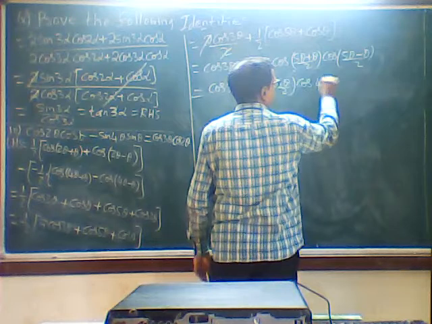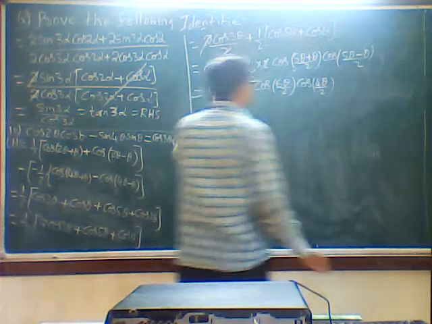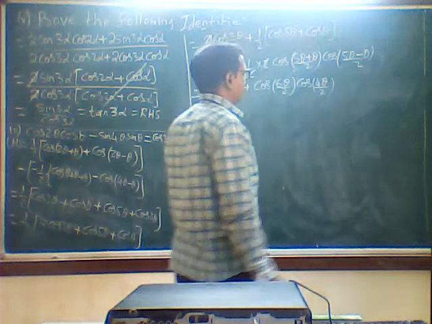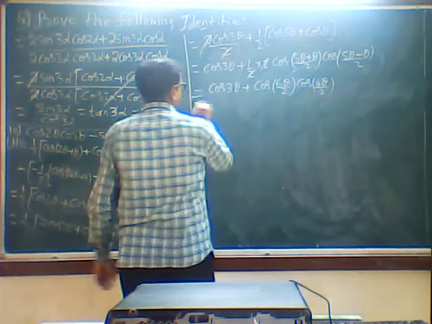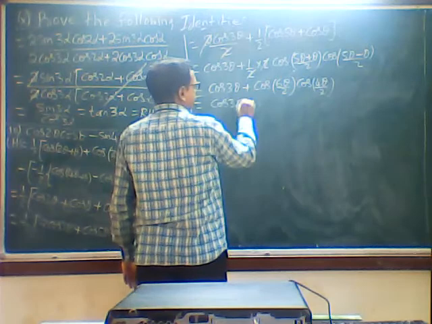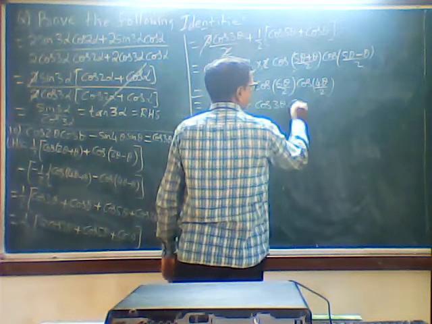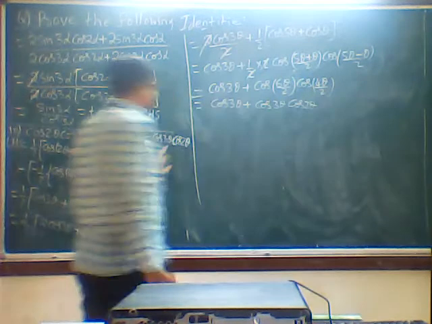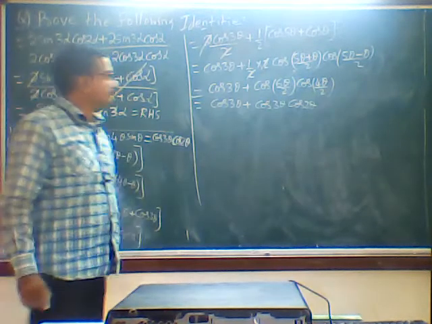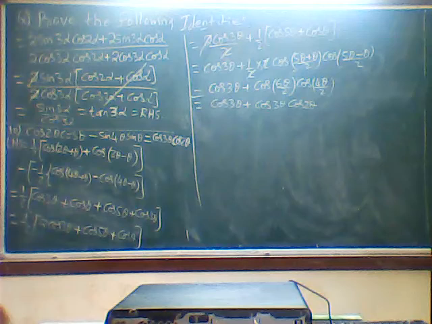I'm getting cos 3 theta at the bottom, and this is 2 theta. That was the answer here, but this extra term is coming. I have to check whether I have gone wrong here.